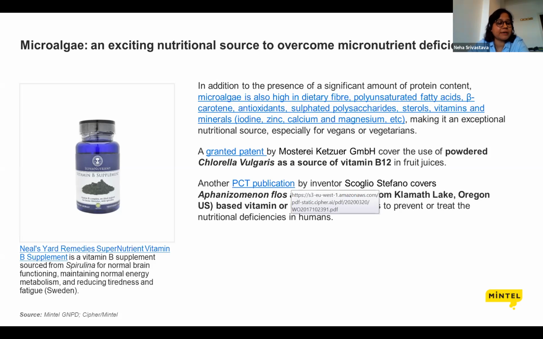In Sweden, a vitamin B supplement was recently launched, and it is claimed that it is sourced from spirulina and plays an important role in normal brain functioning.